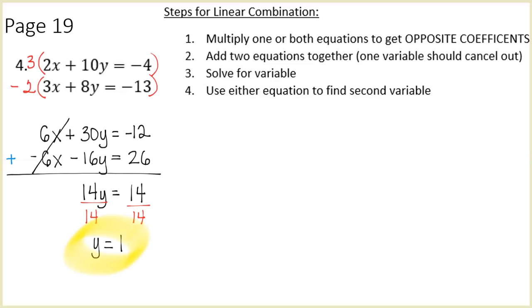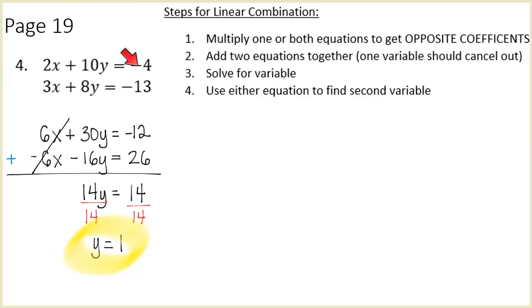So now let's find our x. So we've got a couple of choices we can use. We can use one of our original equations. We could also use one of the equations we got from multiplying, but I always go back to one of the original equations.